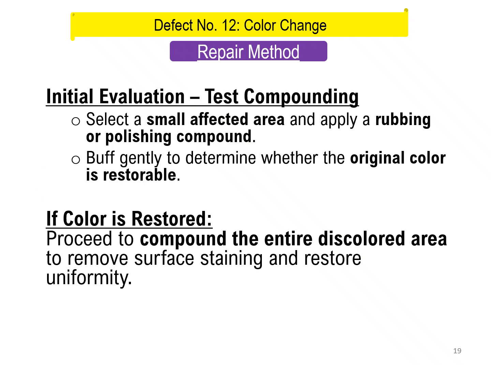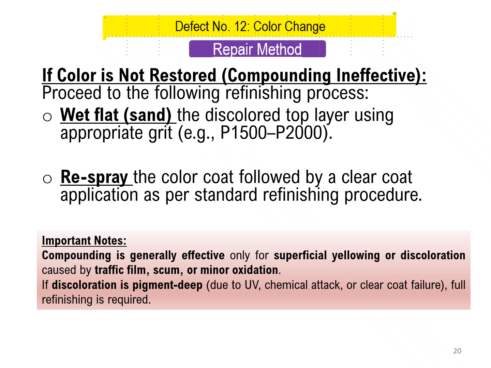If color is restored, proceed to compound the entire discolored area to remove surface staining and restore uniformity. And if color is not restored, compounding is ineffective, proceed to the following refinishing process.